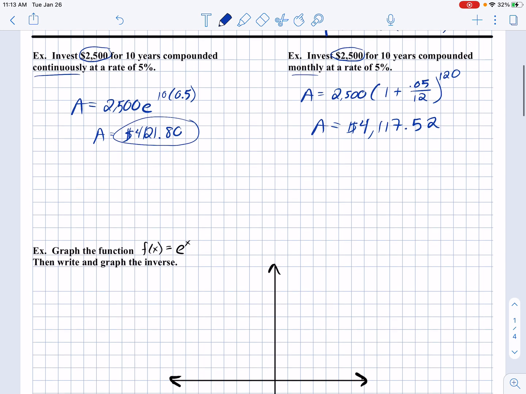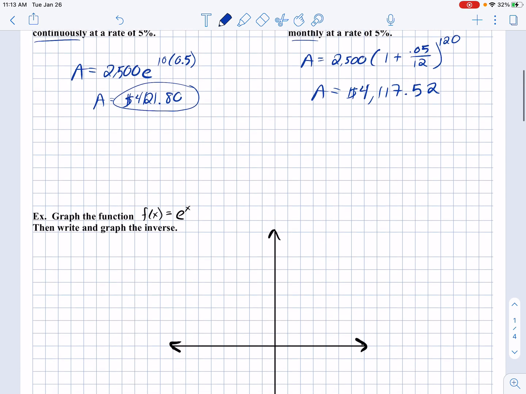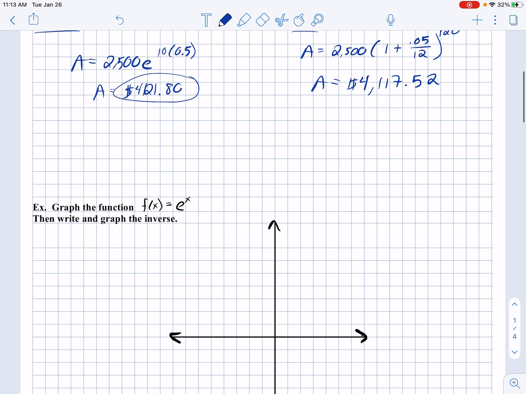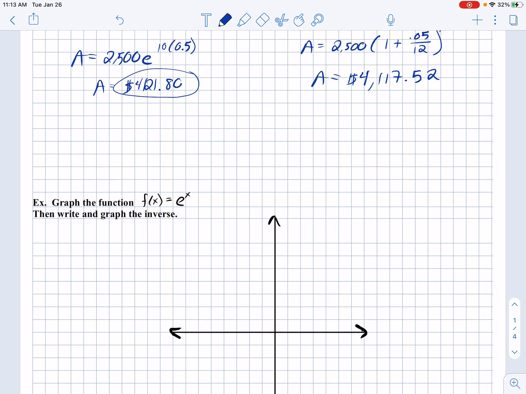Okay, I want to go ahead and graph our parent function with the natural base e. It looks like this. Let's make our table. Remember, we're always going to let e equal 2.7. We're just going to estimate e equals 2.7. We might need e squared in here, 7.4.